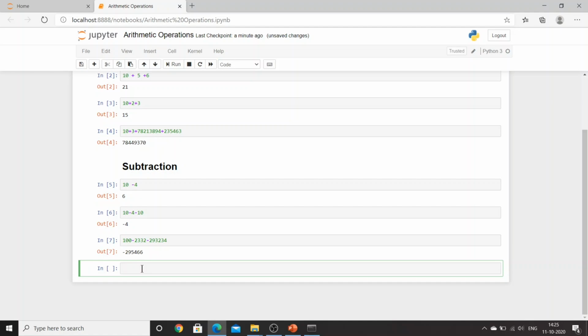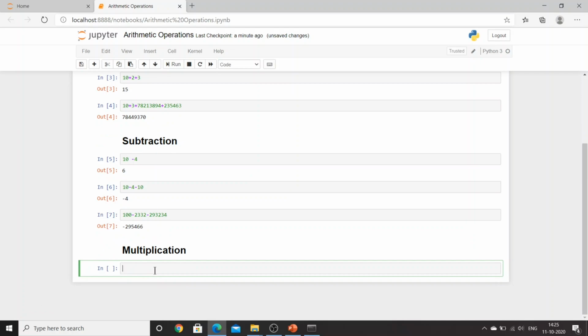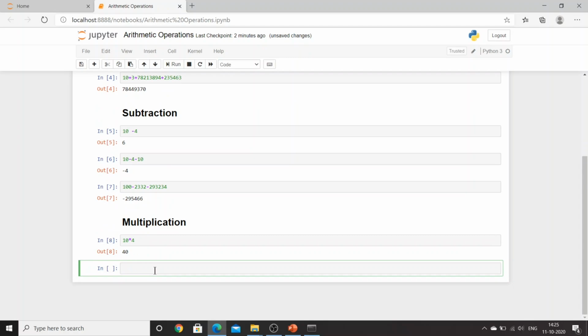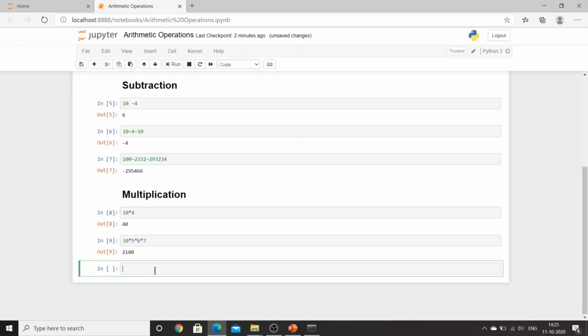Let's move on to the next part, which is multiplication. And I'll say escape, and I'll say 1, and let's shift enter. So multiplication, 10 multiplied by 4, 40. 10 multiplied by 5 multiplied by 6 multiplied by 7, and shift enter, 2100. 13 multiplied by 7, 91.